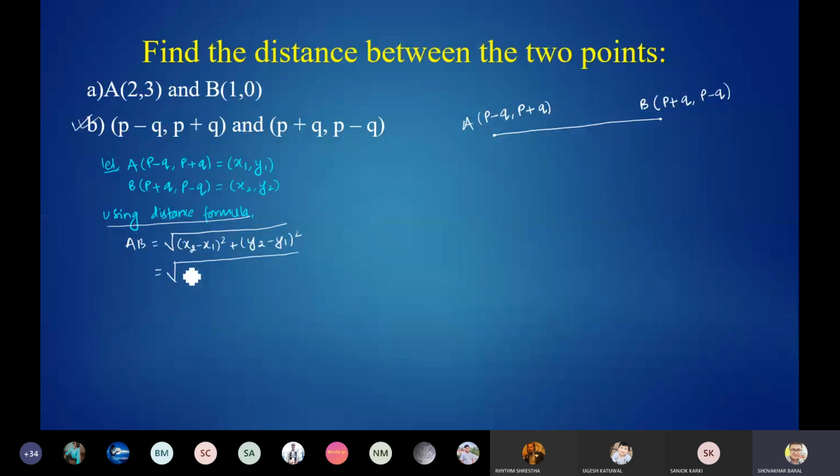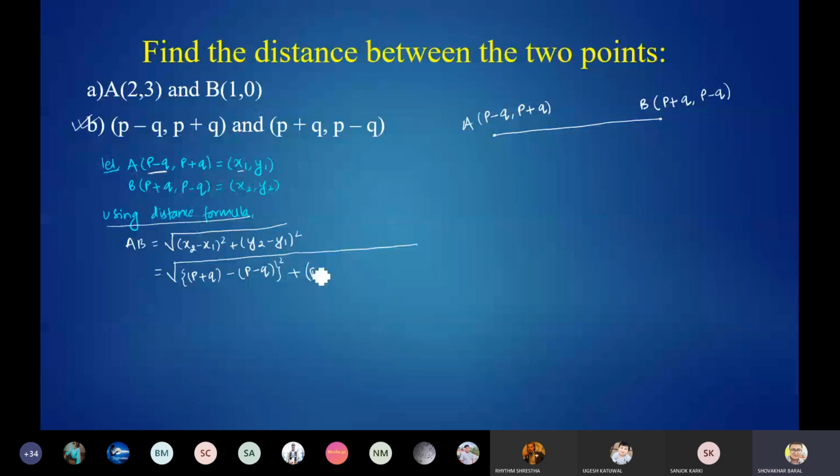So x2 is p plus q, and the value of x1 is p minus q. So x2 minus x1 whole square, plus y2 minus y1 whole square.